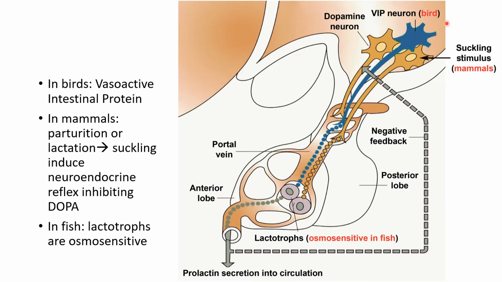Again, in birds, it's your VIP, vasoactive intestinal peptide. In mammals, it is said that suckling inhibits the secretion of dopamine, thus allowing the continuous release of your prolactin at baseline level, so prolactin can have its effect. And in fish, it is said to be due to osmoregulation or osmosensitive lactotrophs in your adenohypophysis.